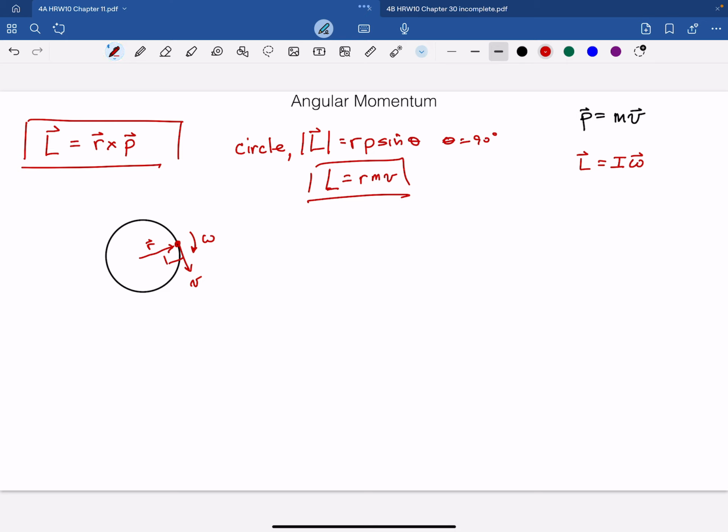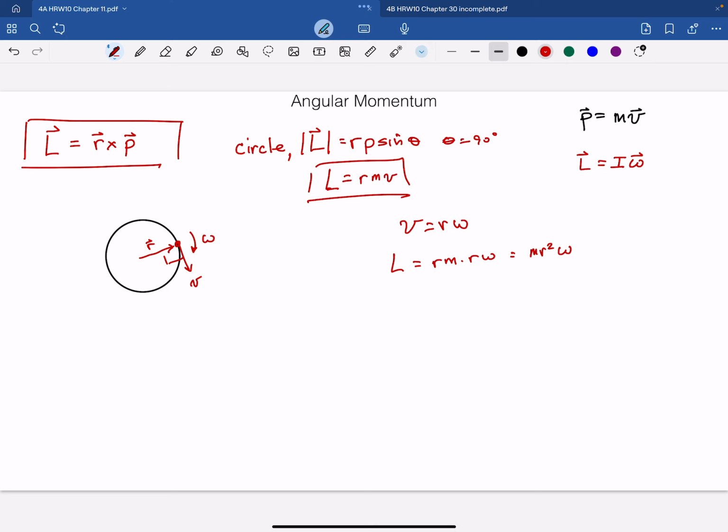And if we use our Google Translate, where we can go from v's to omegas, well, what does this turn into? You get an r times an m times an r omega. I'm going to write it this way: we get the M R squared omega. And what's MR squared?